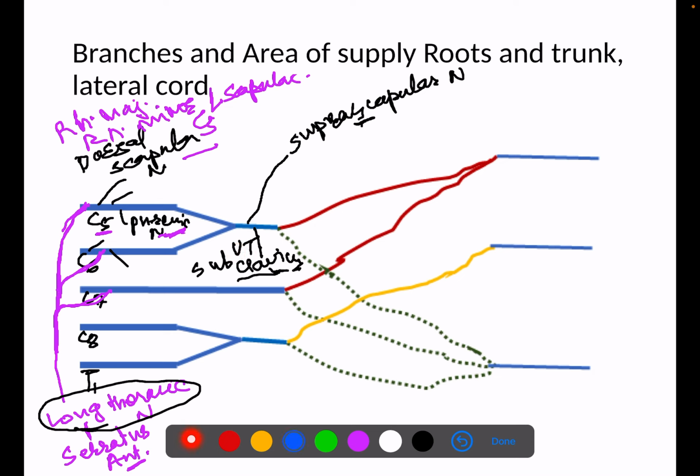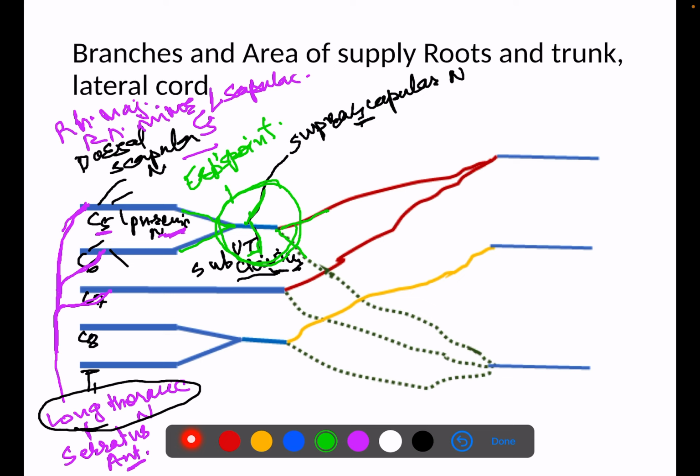Now just understand this area, that is upper trunk. This part, okay, this part. Now here there are 6 nerves. What are these 6 nerves? C5, C6, then anterior division, posterior division of upper trunk, and suprascapular nerve and nerve to subclavius. These 6 nerves are meeting here, so this point is called Erb's point.